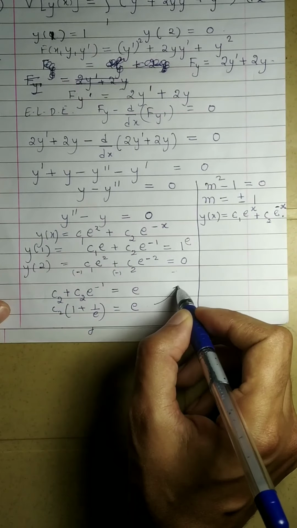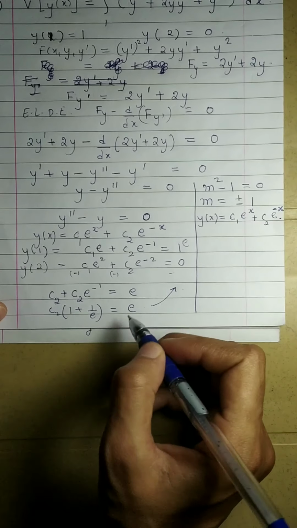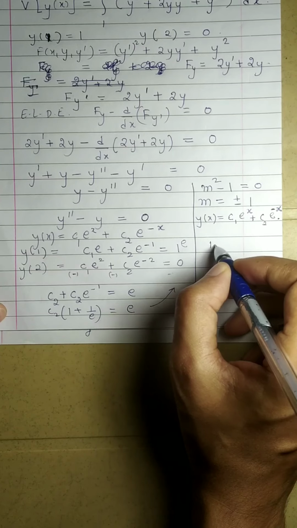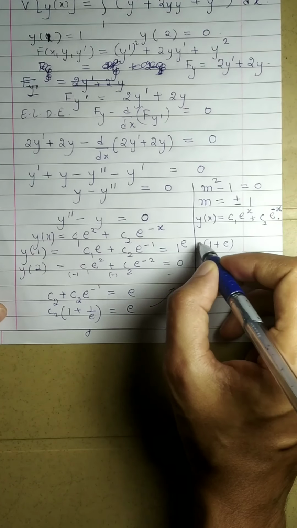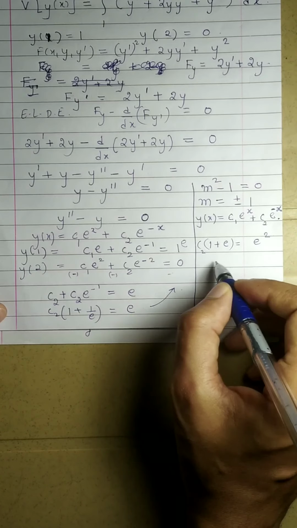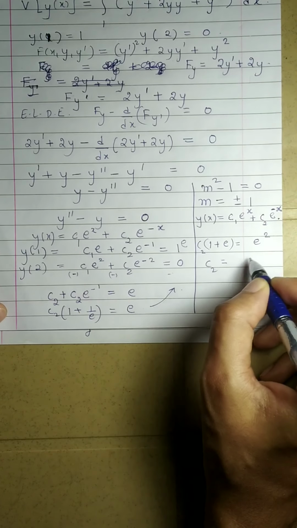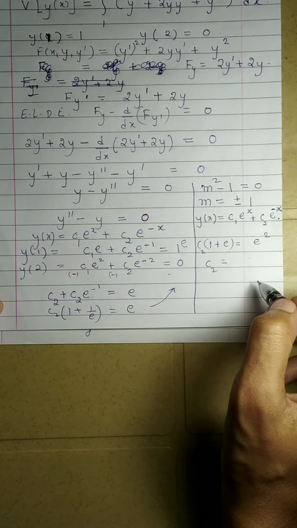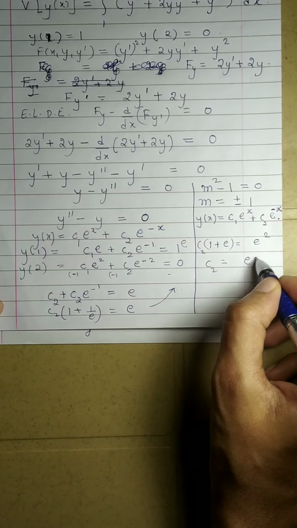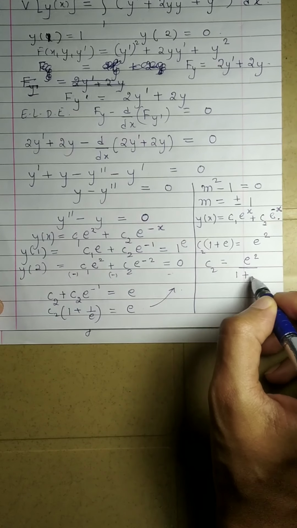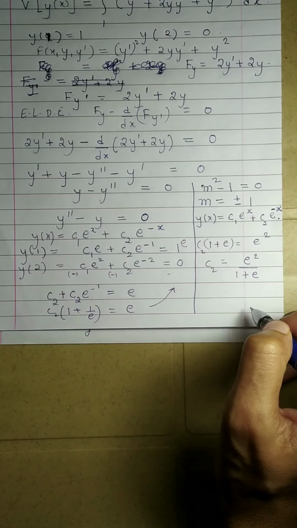I will write it here. So this will be 1 plus e into c2 equal to e square. So c2 is equal to e square divided by 1 plus e.